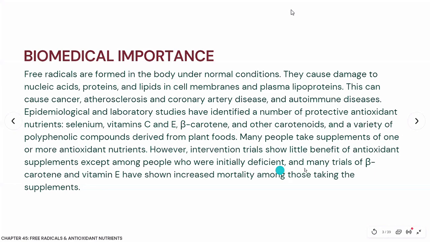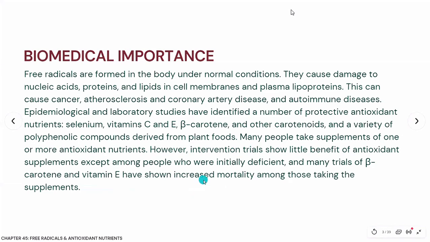For example, there have been many trials of vitamin A from beta carotene and vitamin E. So increased supplementation of these vitamins shows an increased mortality among those taking the supplements.